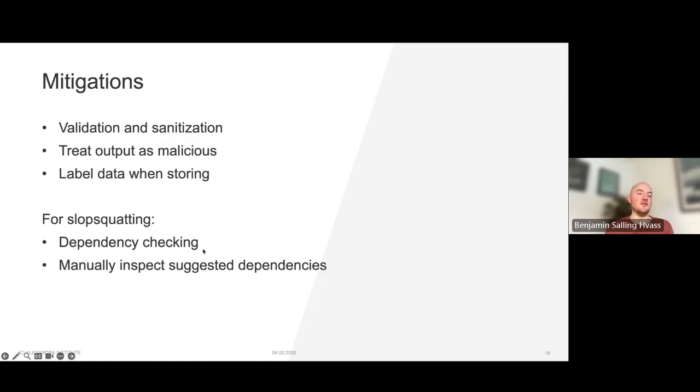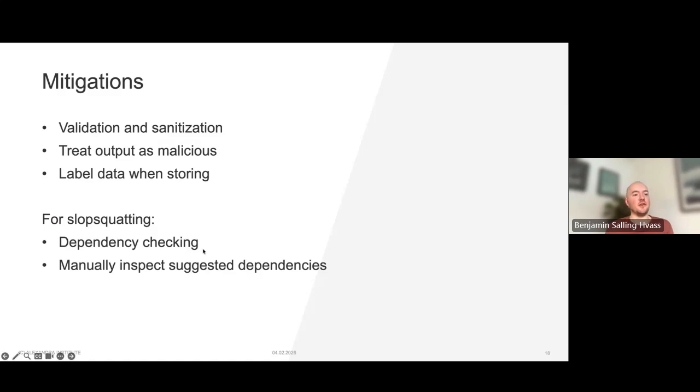The way you mitigate against this is that you validate and sanitize the output from your AIs. Generally, treat the output as malicious, so that you don't just assume that it is well-mannered. Another point is to label data when storing. If you use the output from your AI to feed back to it at some point, then labeling this data as AI generated makes sure that you don't forget that it might be malicious or have some kind of issues.